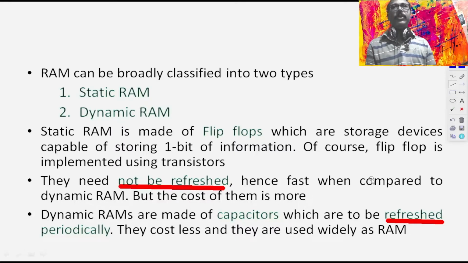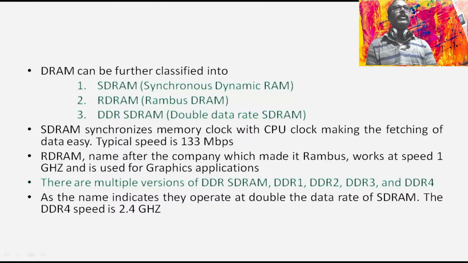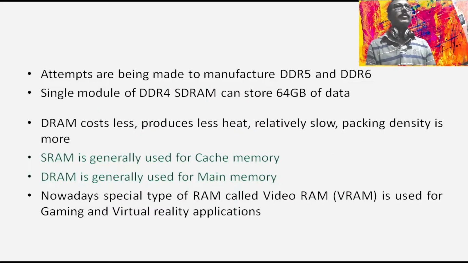But the point to be noted is, DRAM, dynamic RAM, is used for main memory, whereas SRAM is used for cache memory.